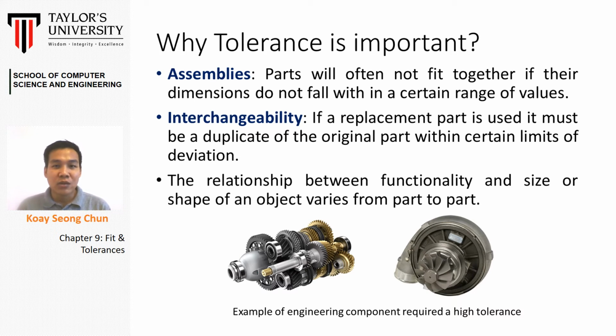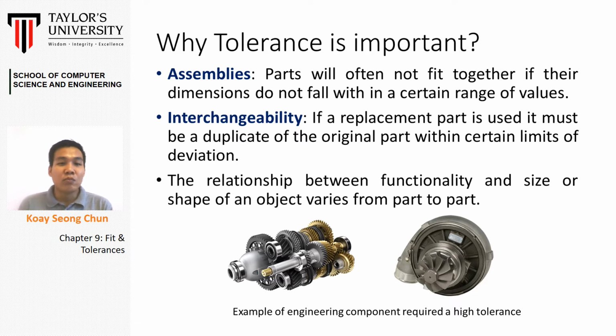If your tolerance is too small, the price of your part will be more expensive. Or if the tolerance is off from the value you want, maybe the two parts cannot join together.